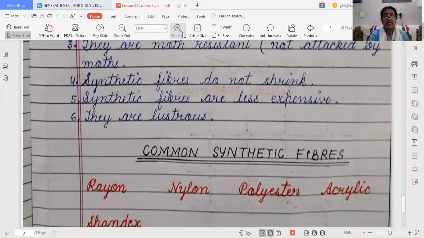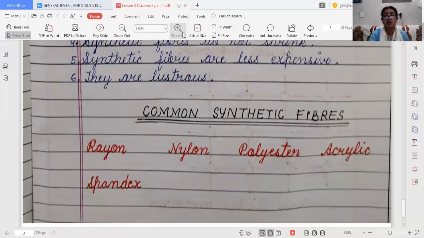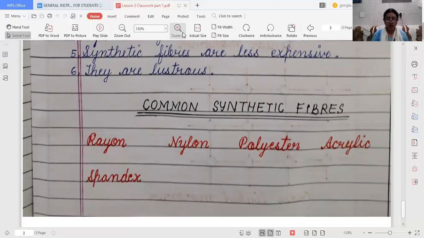Now here you can see these are the most common synthetic fibers. Rayon, known as artificial silk, and also a semi-synthetic fiber because it is made up of a natural product, that is wood pulp, and chemicals.